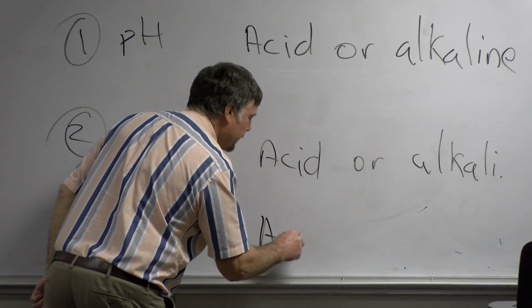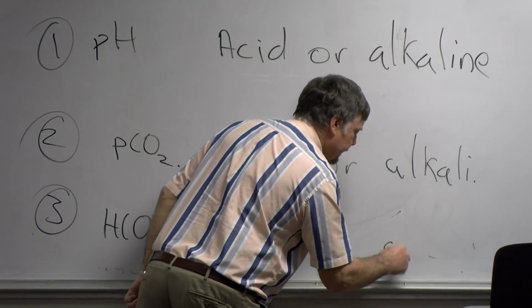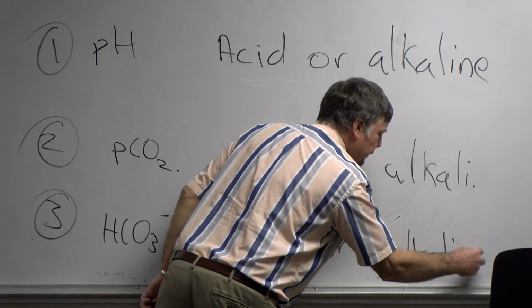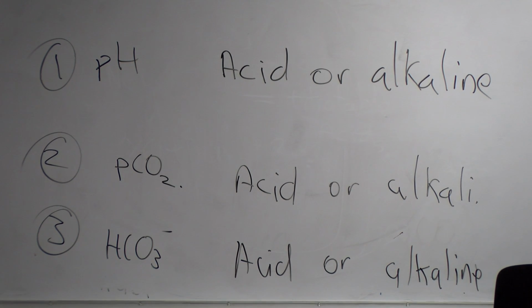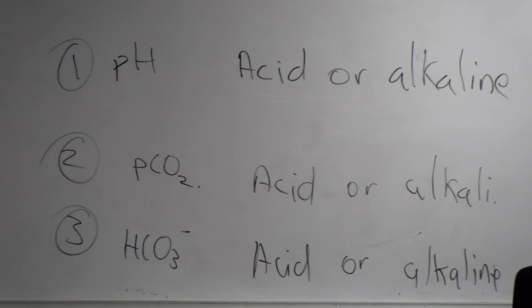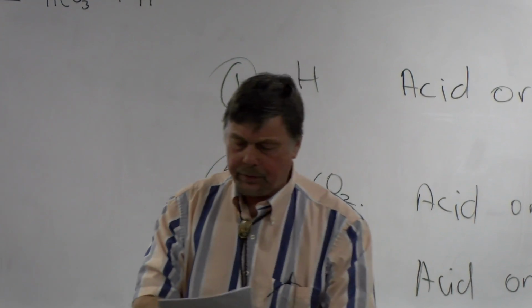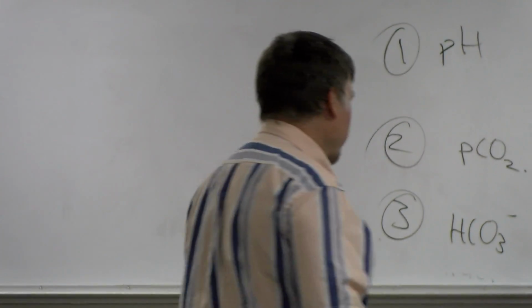And some of you are looking at this and saying, well, it's more confusing than that. But it really isn't. Let's use some real numbers. I've got some numbers below: 7.22, PCO2 of 28, and bicarbonate of 11. Let's see if we can figure that out.